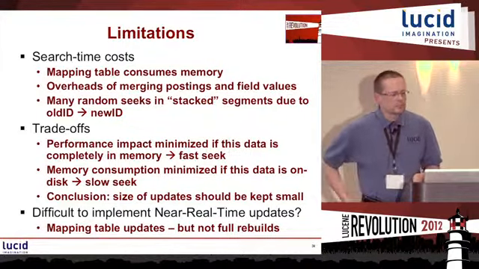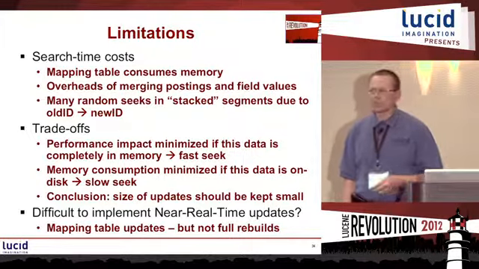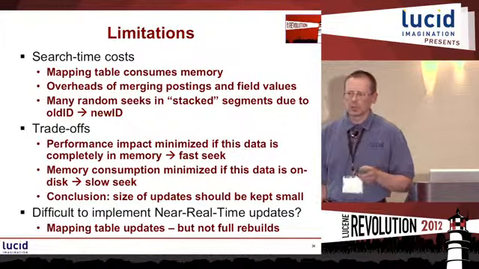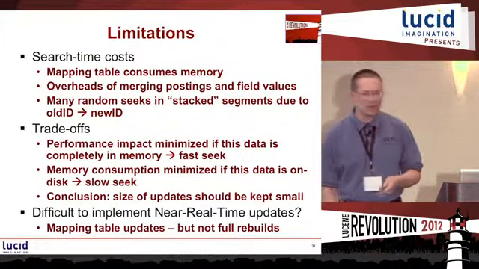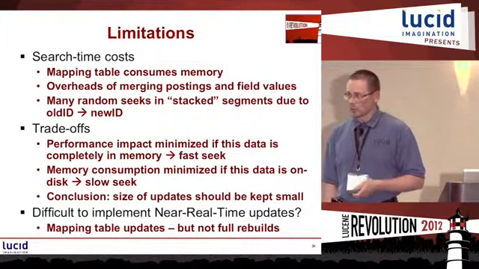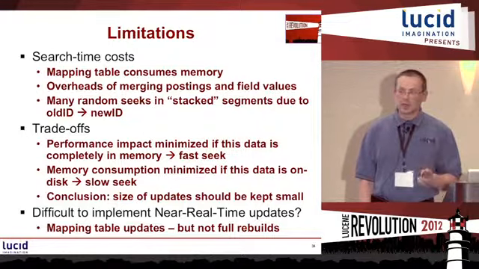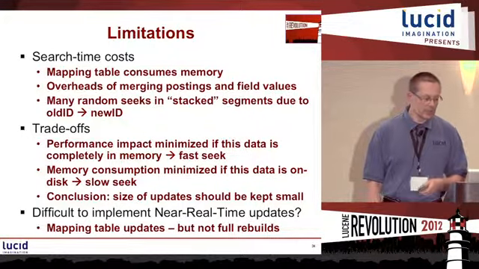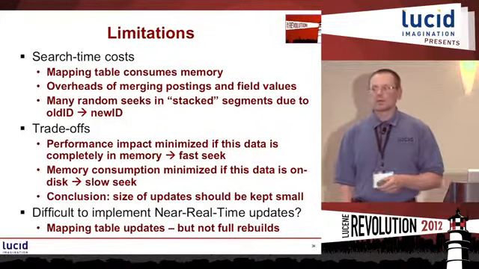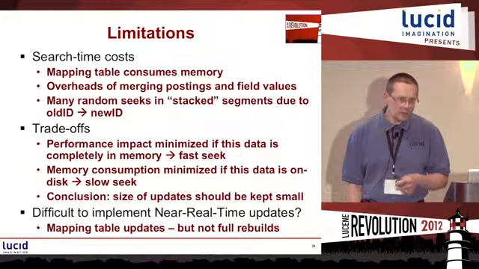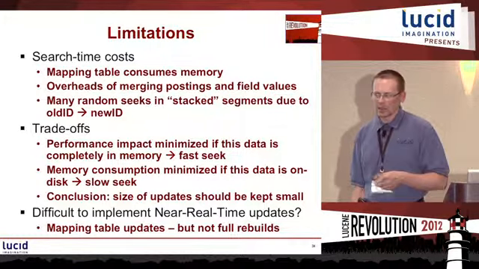Good. So, limitations. Obviously, there are search time costs involved in this, and this mapping table will consume some memory depending on the number of updates, even if we use sparse and compact representations. There are overheads. There is a lot of random seeking in the secondary index.